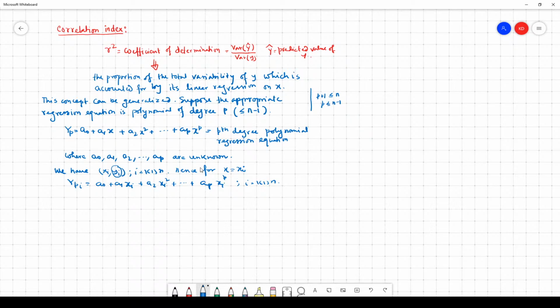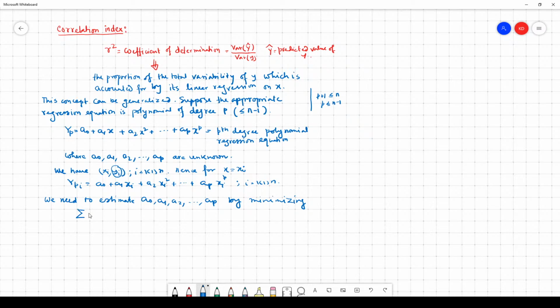But here these are unknown, so we need to estimate a0, a1, a2, ap by minimizing the error sum of square.